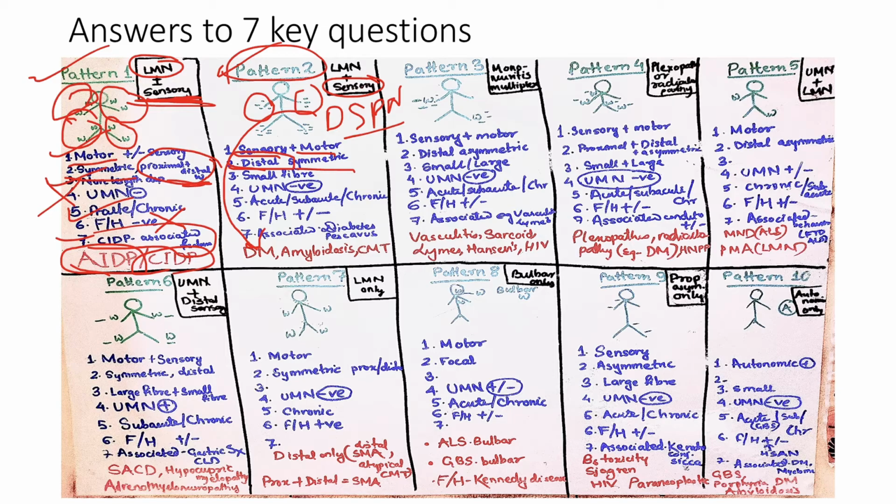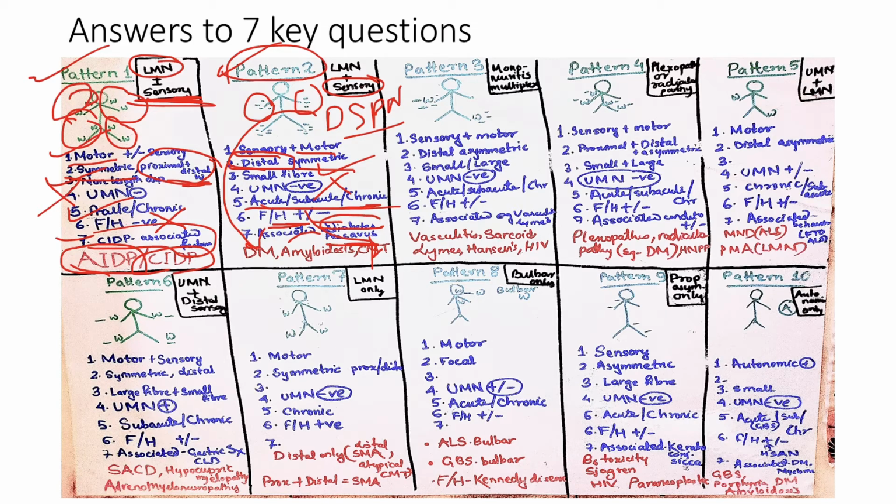And as the name indicates, because it is only distal, the distal part is actually the small fiber, so it's a small fiber neuropathy. You do not have any UMN signs. It may have acute onset, subacute onset, or chronic onset. Family history may be positive or negative. Positive in cases of Charcot-Marie-Tooth, and associated will be diabetes and pes cavus in patients with CMT.